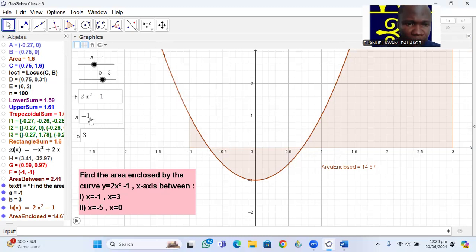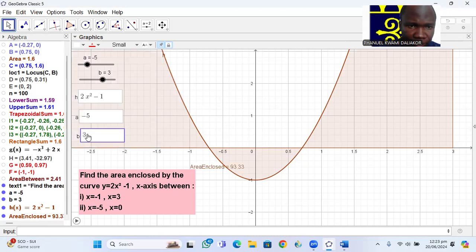Okay, what if we have minus 5? Any range that you are given can be used, say minus 5 and 0.